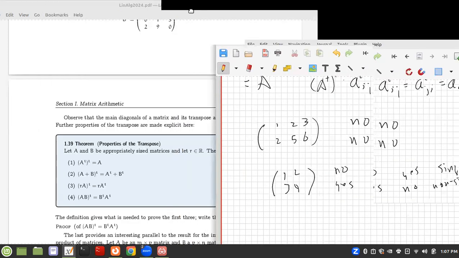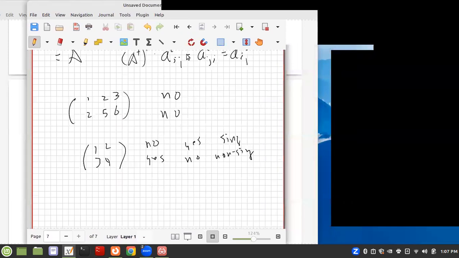What does singularity help us understand? The idea is that we want to know, for a linear system, when do we have a solution? For square matrices, if it's non-singular, we always have a solution.